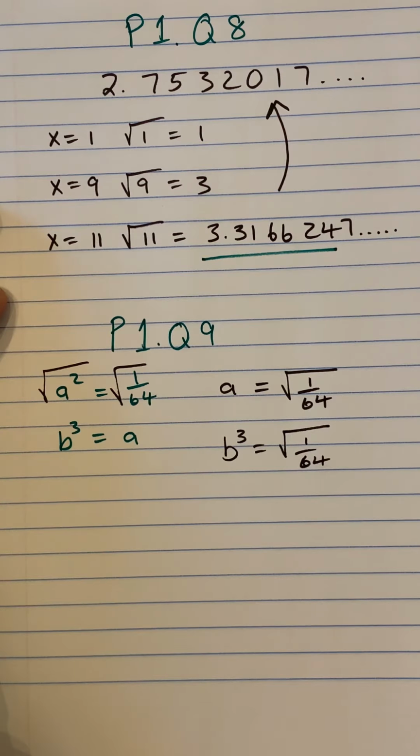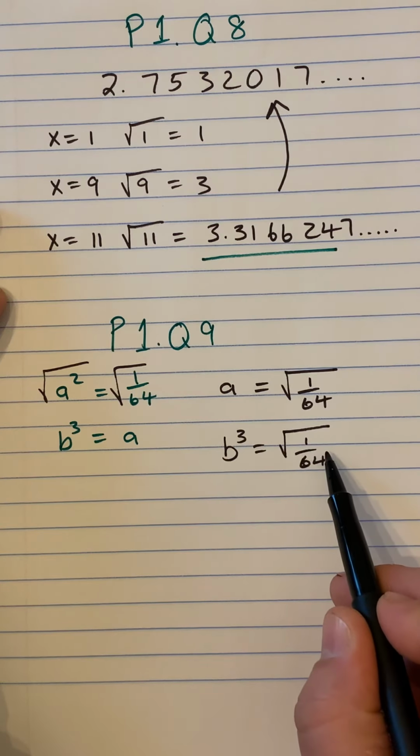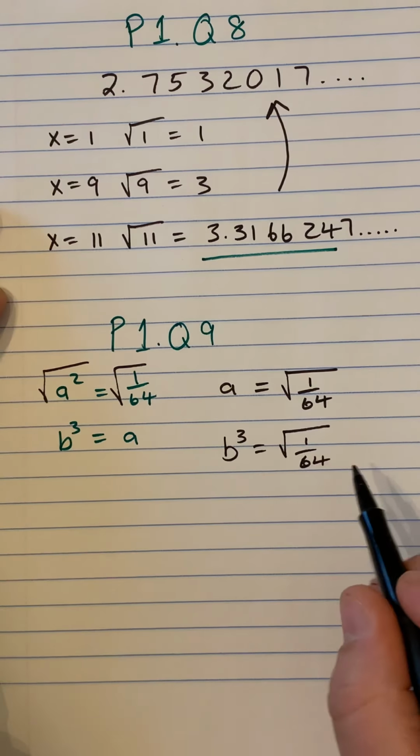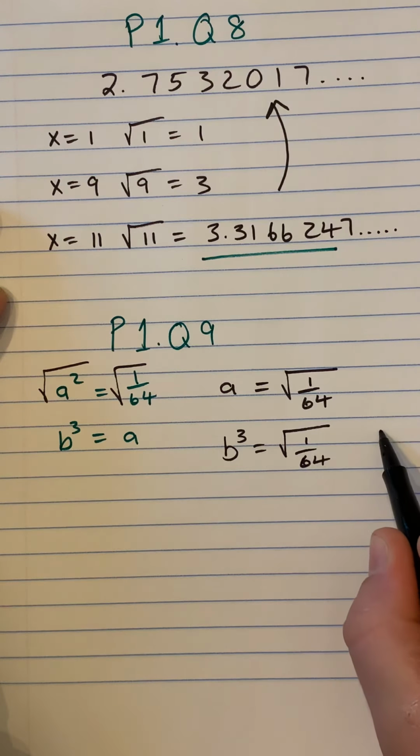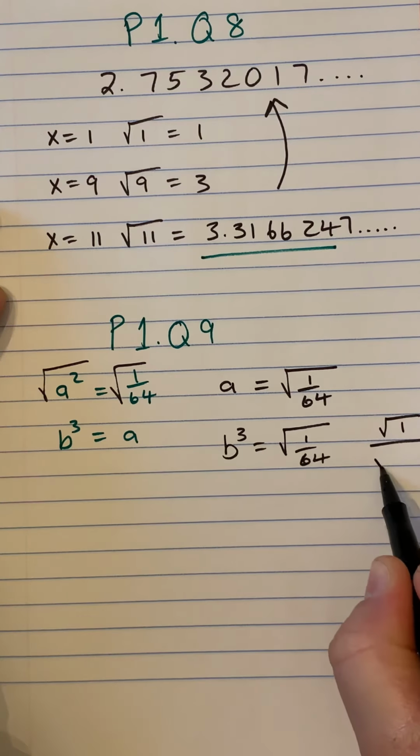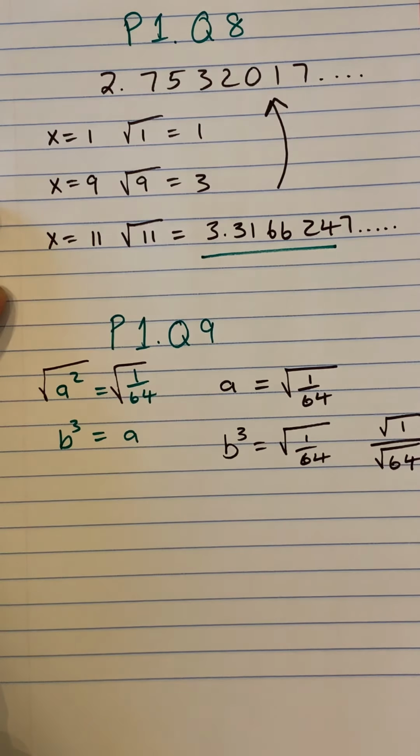Well, there's a couple different ways. But mostly, if you have your calculator and are able to use the square root and the cube root signs, that's going to be really helpful. Well, I know just from doing this several times that the square root of 1 over 64 is the same as the square root of 1 over the square root of 64.